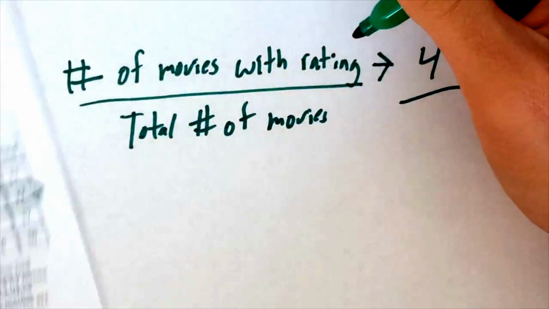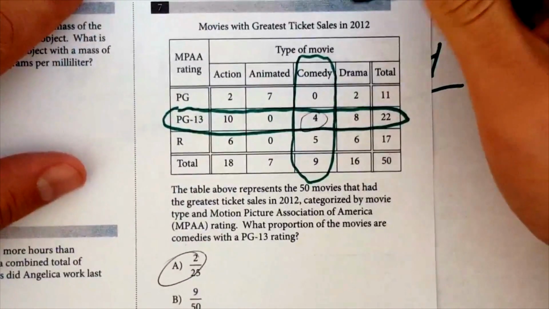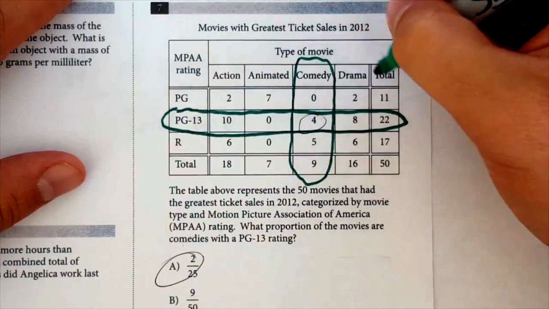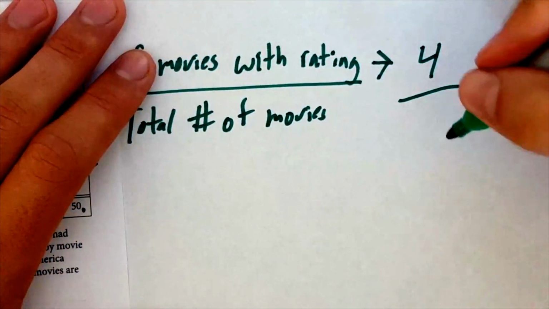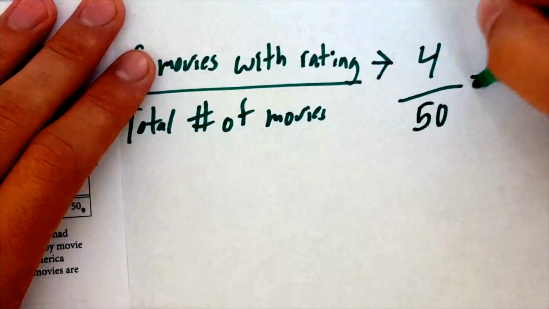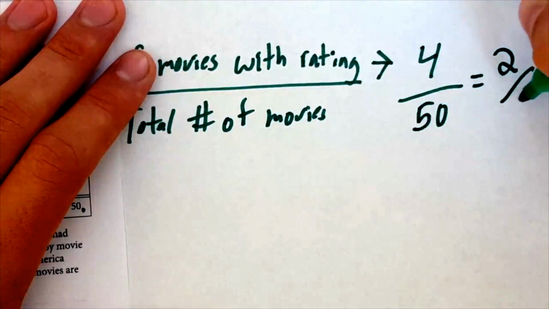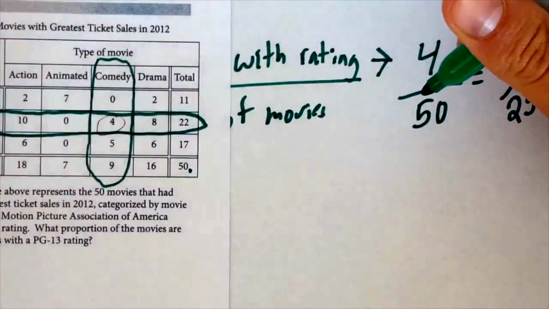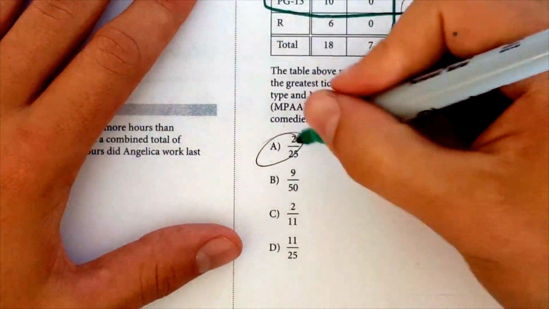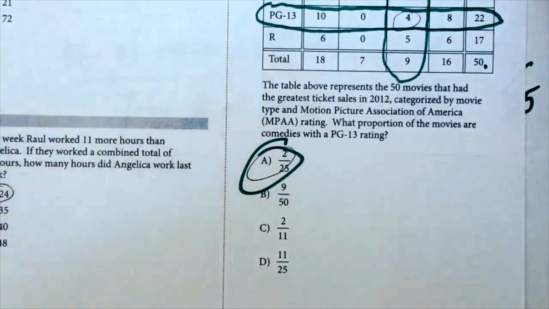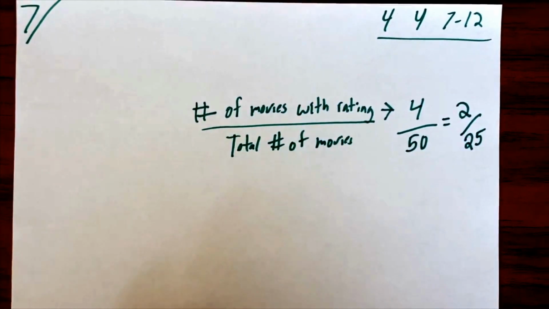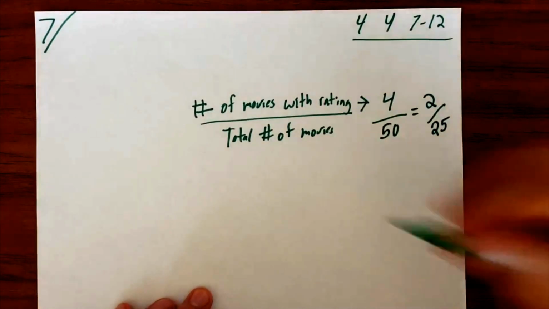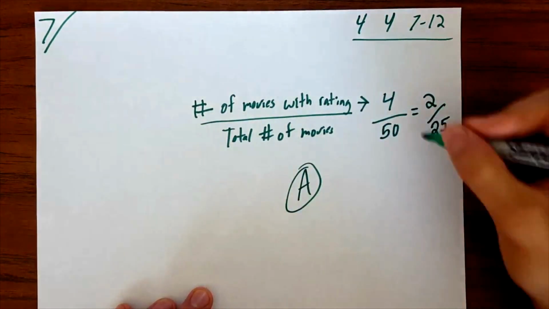And now we just need the total number of movies. So if you look here, total is 50. So it's 4 divided by 50, which is 2 divided by 25. And that's going to be A. Okay? So that's what 7 is. 7 then is A. Let me zoom back out here. So 7 is A, 2 divided by 25.